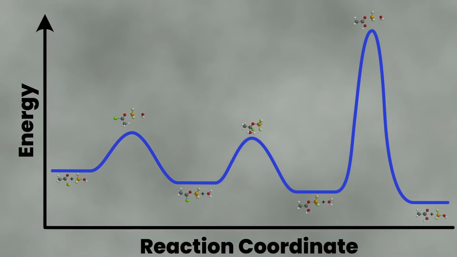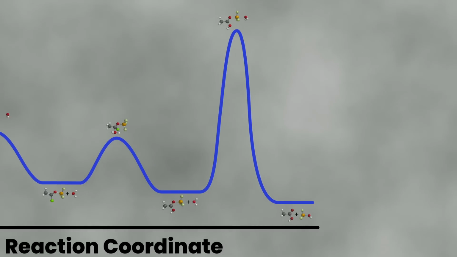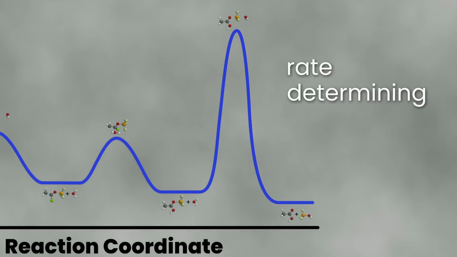Either way, the atoms must get enough activation energy from their environment for this reaction to proceed. And to make things worse, while it's waiting, it might even bump into another chloride ion and go back a step. Since the whole process has to wait for the molecules to get over the highest activation barrier, this step is called the rate determining step.